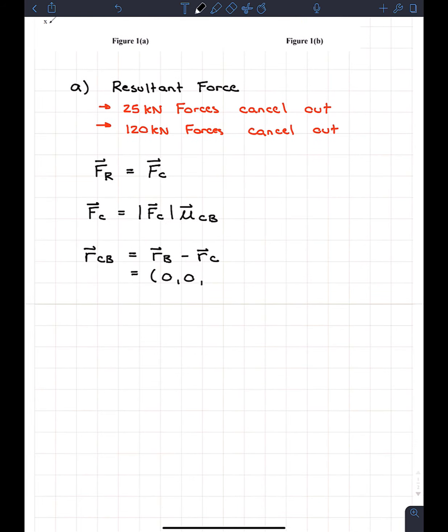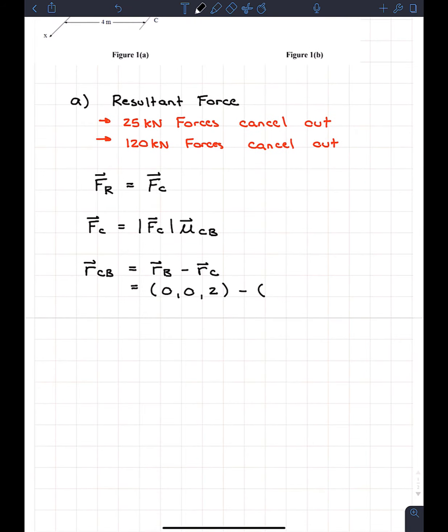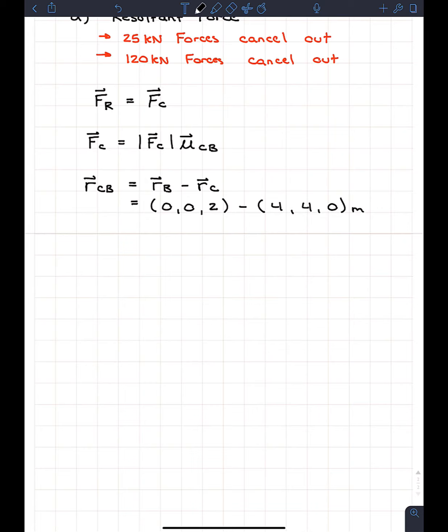So we're going to put 0, 0, 2 in the bracket, and we're subtracting the coordinates at C. C is 4 meters in the x direction and 4 meters in the y direction, so we have 4, 4, and 0. These all have units of meters. Once we substitute all of that in, we're going to get negative 4i minus 4j plus 2k.